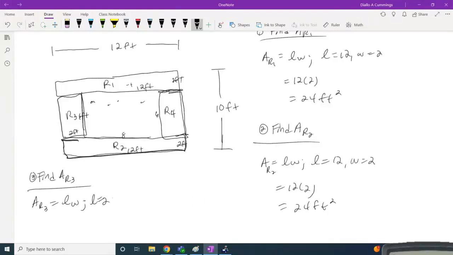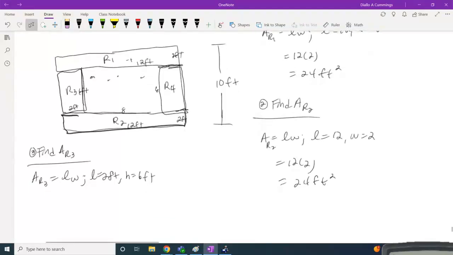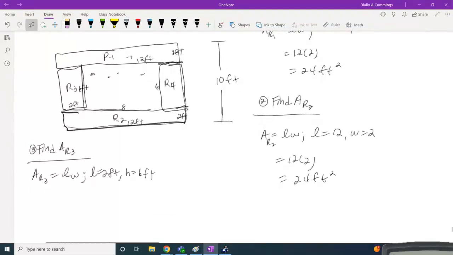So my length is equal to 2 feet and the height is equal to 6 feet. So if I multiply 2 times 6, I get 12 square feet.